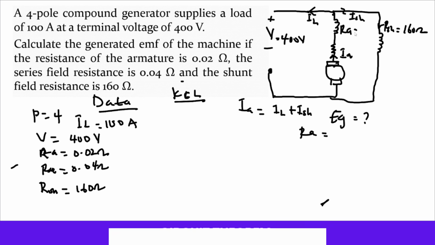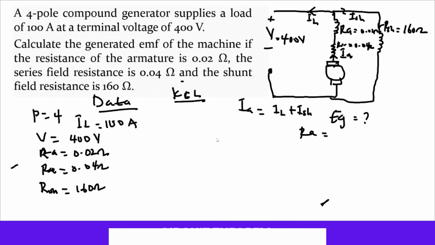The armature resistance was 0.02, and the series resistance is 0.04 ohms.